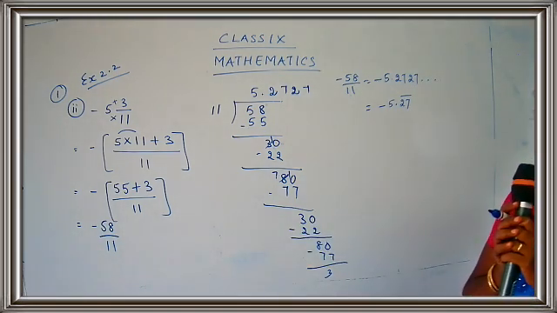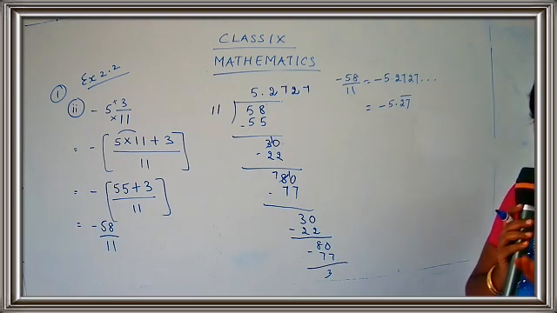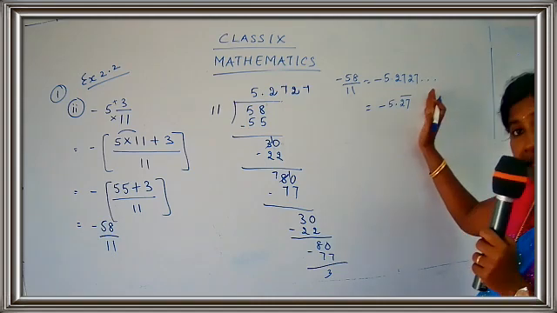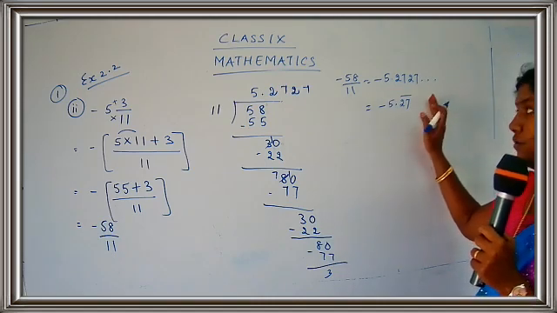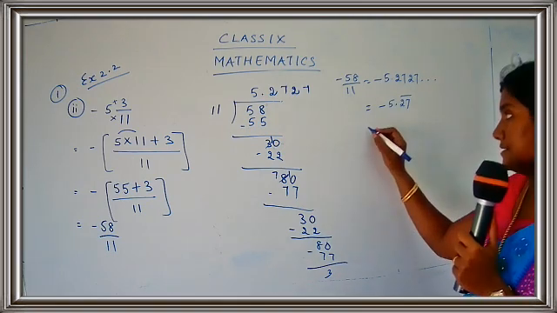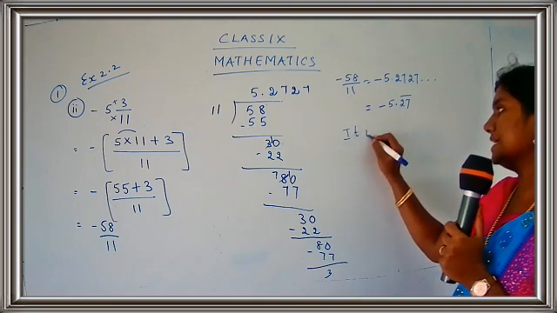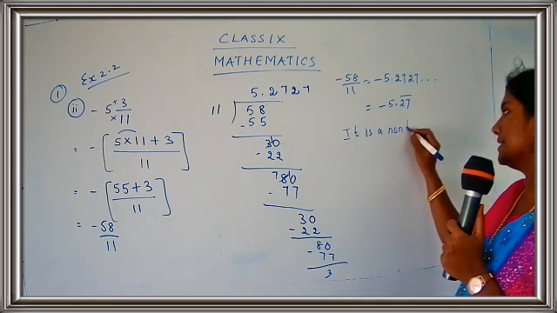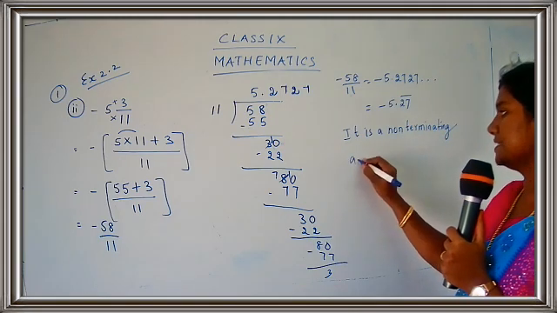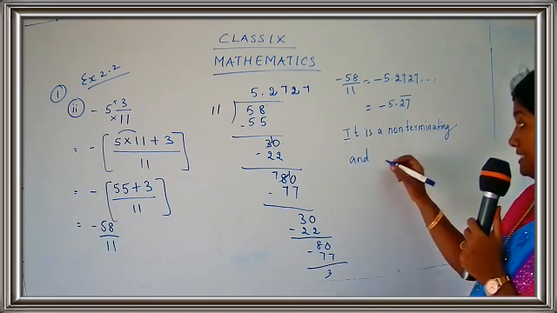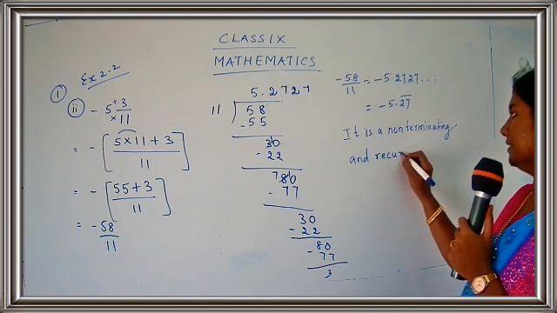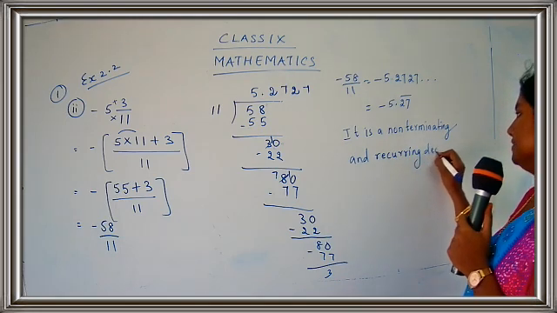Okay, what is the second question we have to do? We have to find out the type of decimal expansion. What is the type of decimal expansion here? Is it terminating? Has it stopped here? No. The numbers go on repeating. So what type of expansion is this? Write down, it is a non-terminating and recurring decimal expansion.